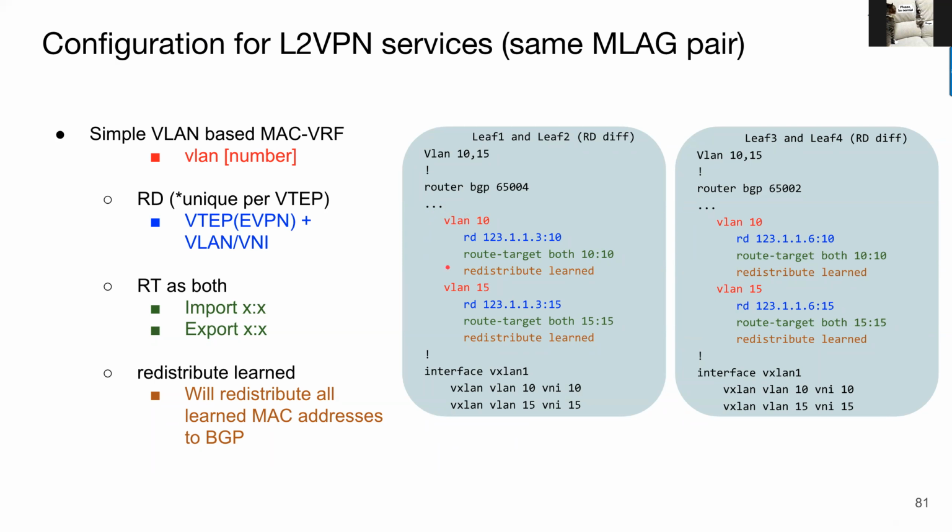These MAC VRFs are VLAN specific, so just plain VLAN MAC VRFs. You can choose to do a VLAN aware bundle if you wish. You have our route distinguisher, our route target, our redistribute learned. Notice our route target is identical on all of our leaves. And then we have one set up for VLAN 15.